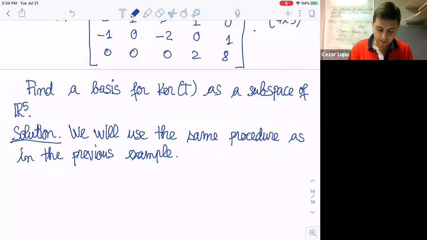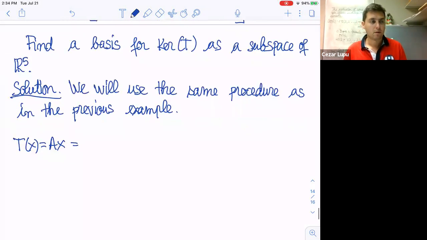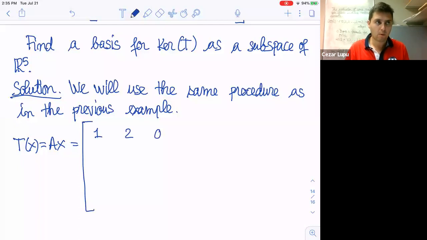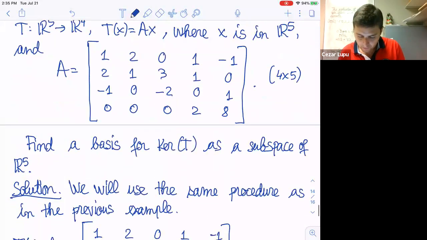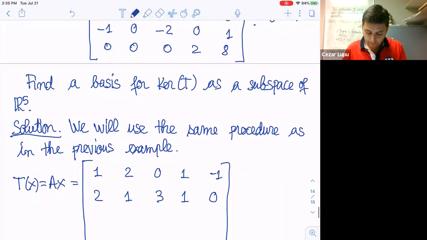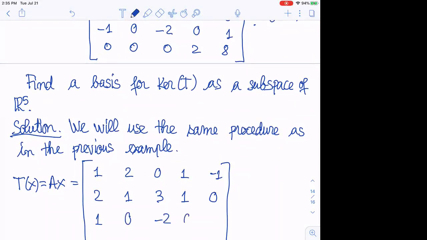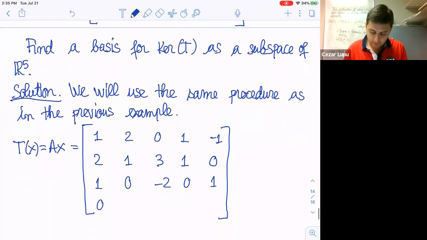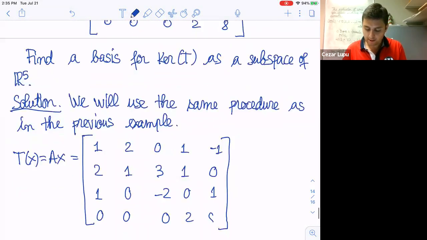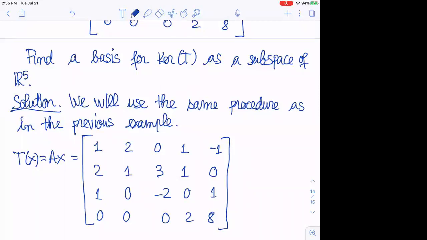So keep in mind that T of x is given by Ax, which will be my matrix 1, 2, 0, 1, negative 1, then 2, 1, 3, 1, 0, then 1, 0, negative 2, 0, 1, and the last one will be 0, 0, 0, 2, and 8.